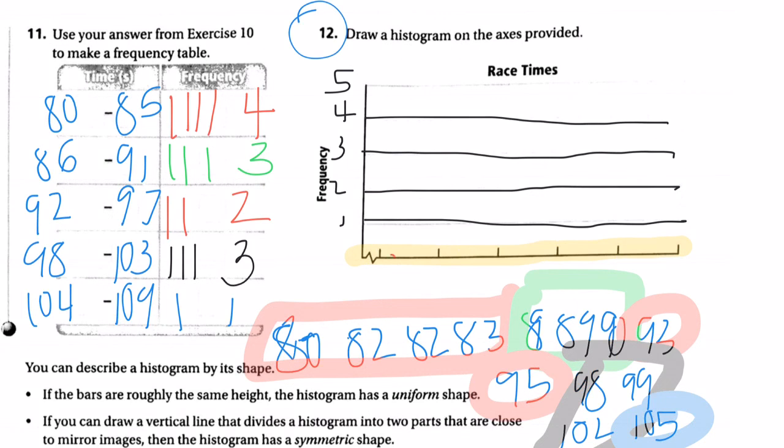So we have 80 to 85, 86 to 91, 92 to 97, 98 to 103, and 104 to 109.